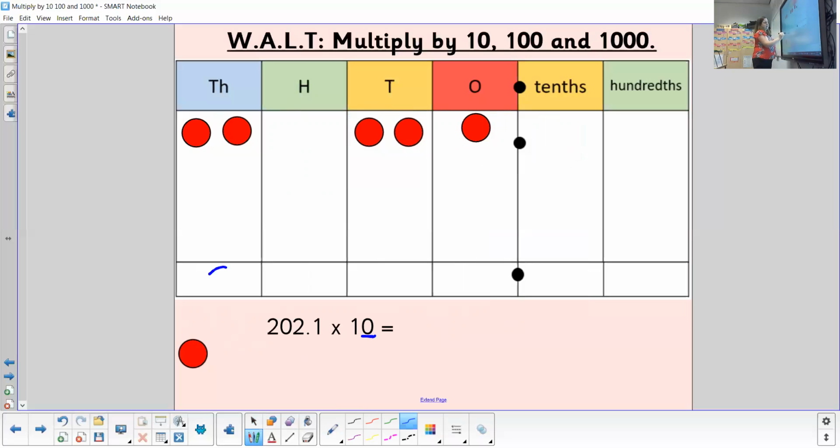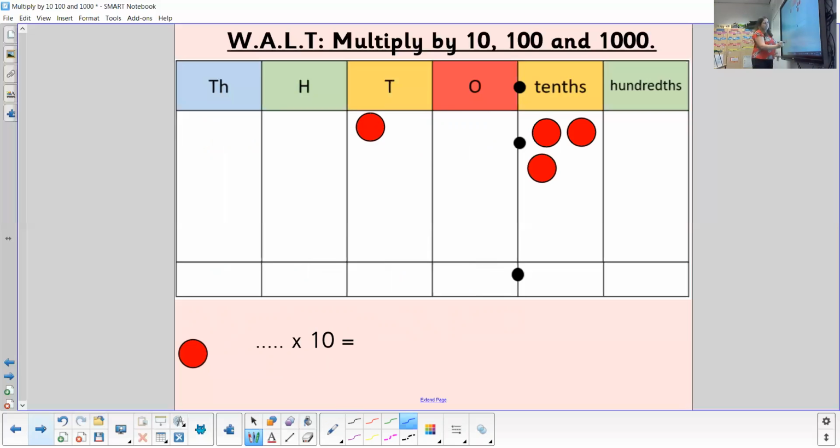Thousands, I've got 2,000, 0 hundreds, 2 tens, and 1 unit. Do it on here. Move my point, 1 space goes that way, so I've now got a point on the end. So I've got 2, 2, 1, with a point on the end, but we don't put that one in. Okay.